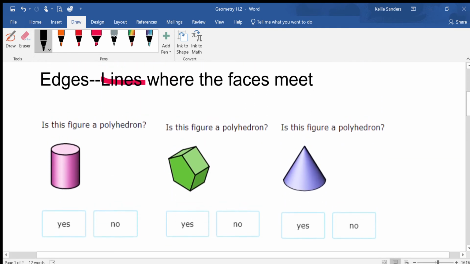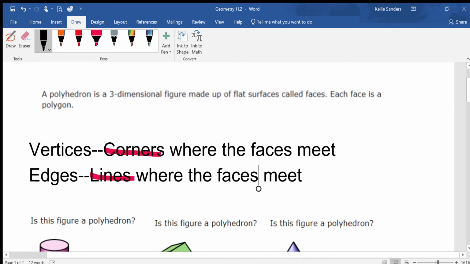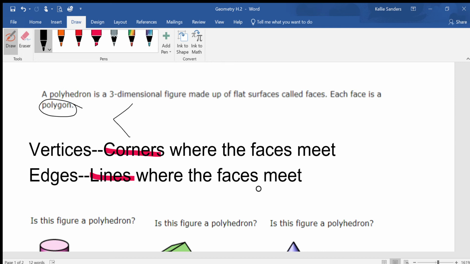Okay, so whenever it's asking, so a polygon, remember in, I think it was Unit G, we determined what polygons were, and it's always some kind of straight lines that are closed. That's a polygon. But a circle is not a polygon because it's curved at some point.